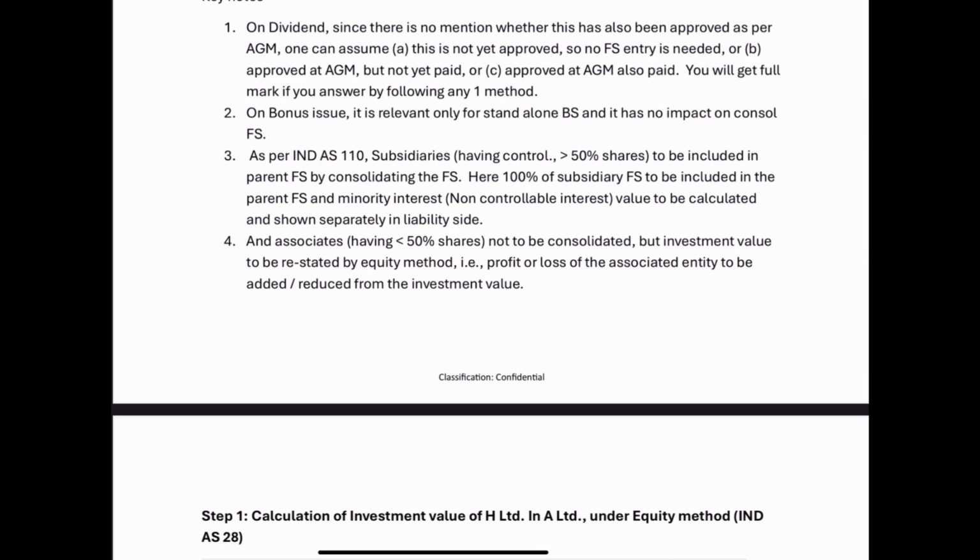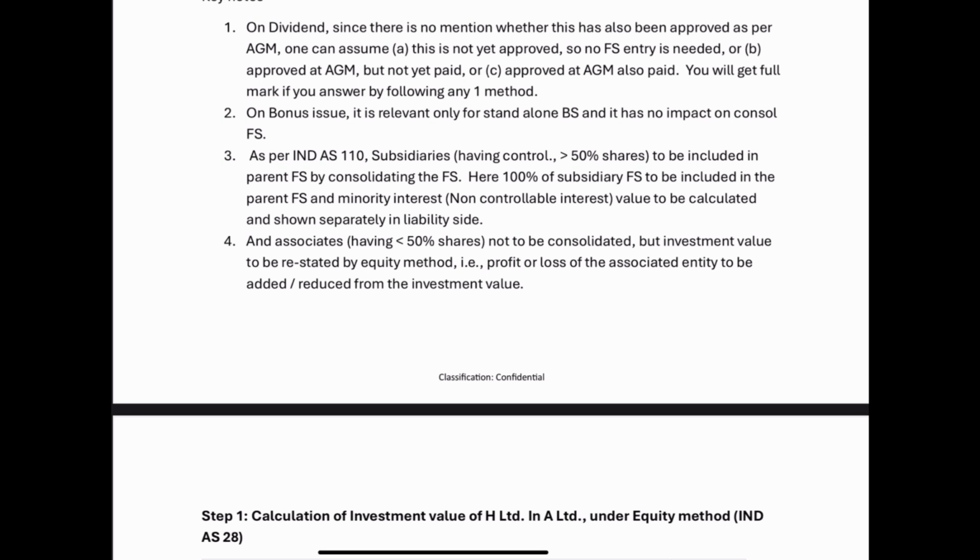Right, but if the entity holds more than 50 but less than 100, then still you have to consolidate line by line balance sheet items, and you also need to compute the minority interest, or we also call it non-controlling interest. For example, in this case, H Limited holds 70% of the shares of S Limited, so only 70%. So still it is a subsidiary.